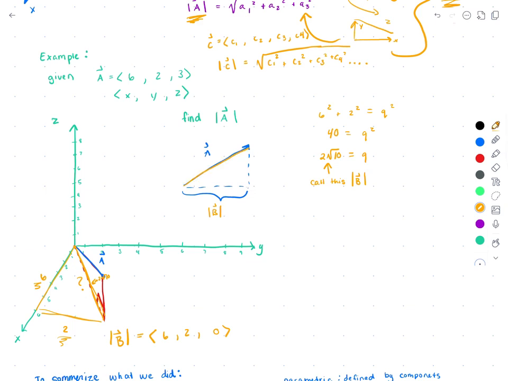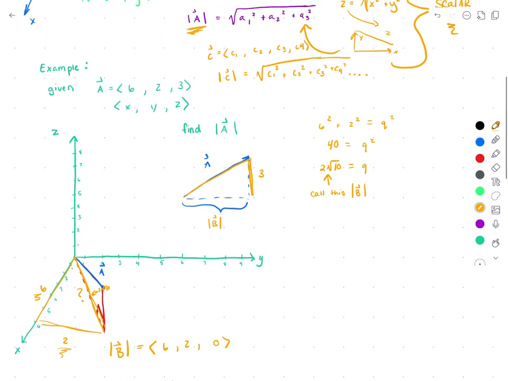So how does this help me now? Well, if I want to find the length of this, I have this component. This is 3 units.